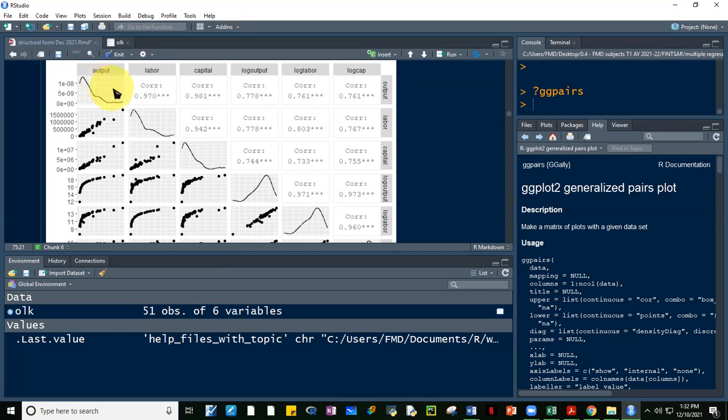yung output and let's try to see this one. Log output, okay, and log labor. Log output and log labor.